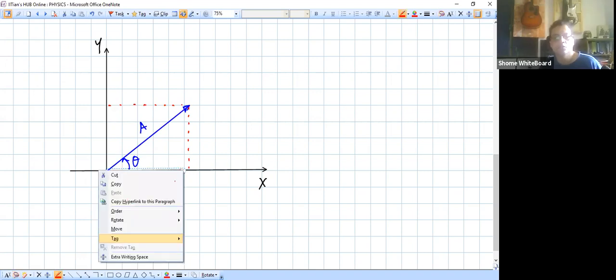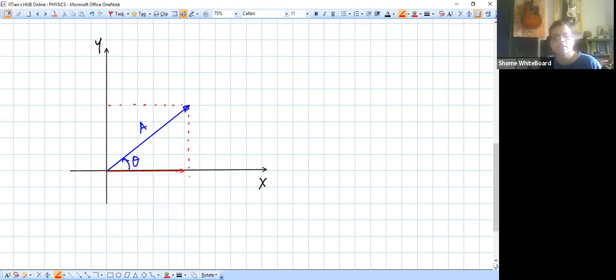So this is now ax i cap. Whereas we draw this over here, this becomes ay j cap, where we understand that j cap is a unit vector, that means a vector of magnitude 1 along the y-axis. i cap is a unit vector, that means a vector of magnitude 1 along the x-axis.